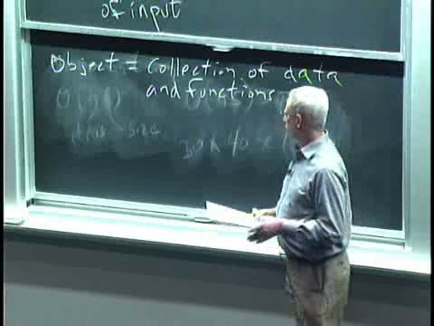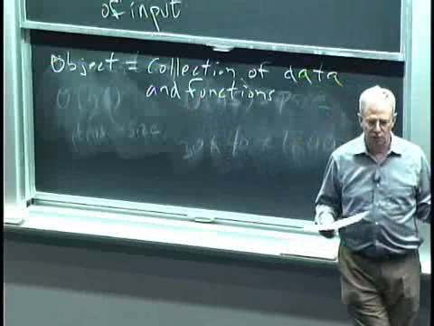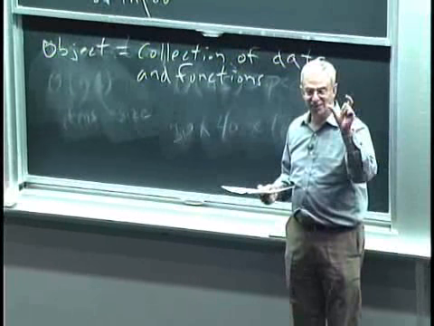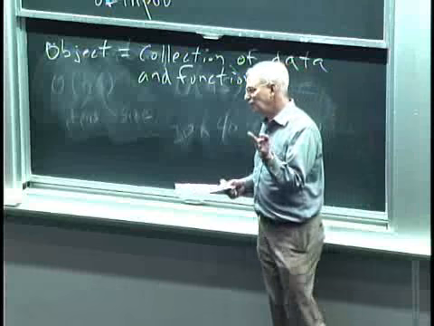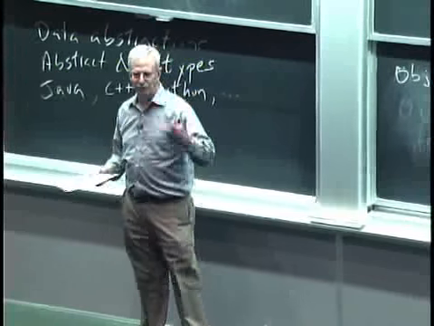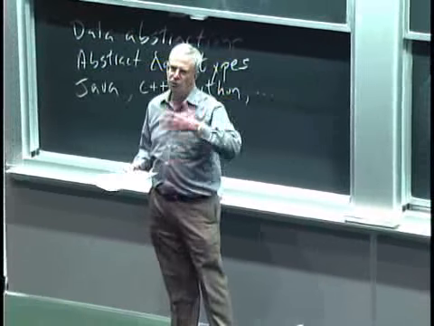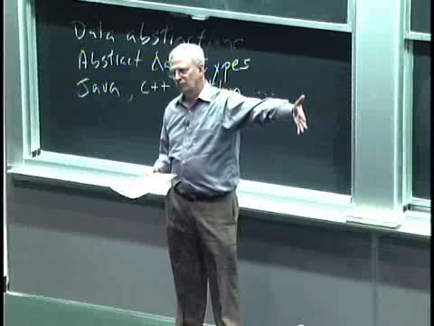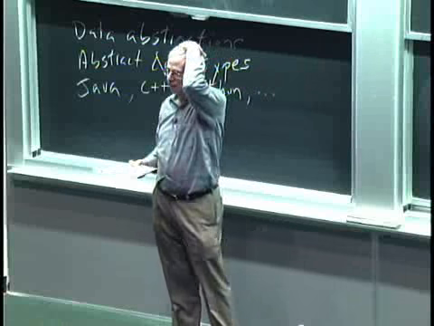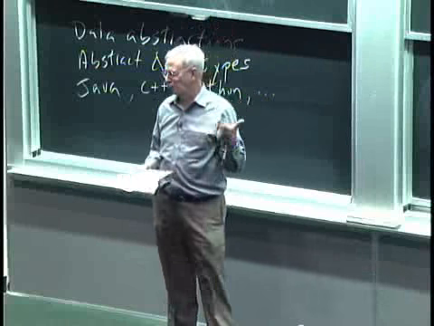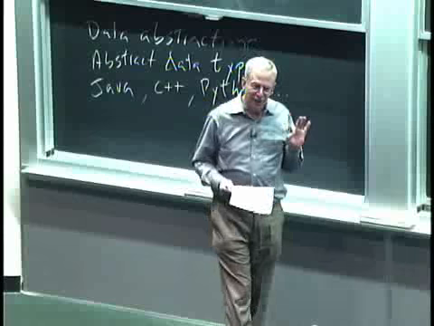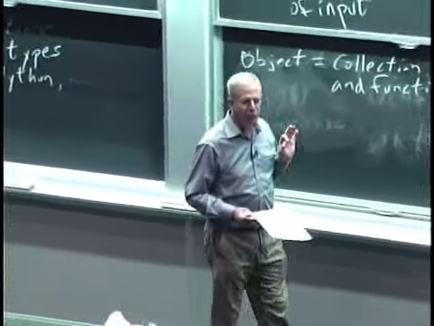The key idea here is to bind together the data and the functions that operate on that data as a single thing. Now, typically, that's probably not the way you've been thinking about things. When you think about an int or a float or a dictionary or a list, you knew that there were functions that operated on them. But when you pass a parameter to, say, a list, you didn't think that you were not only passing the list, you were also passing the functions that operate on the list. In fact, you are. It often doesn't matter, but it sometimes really does.